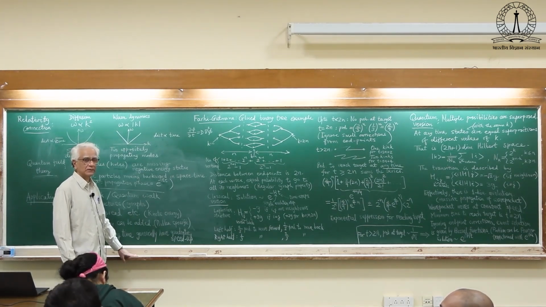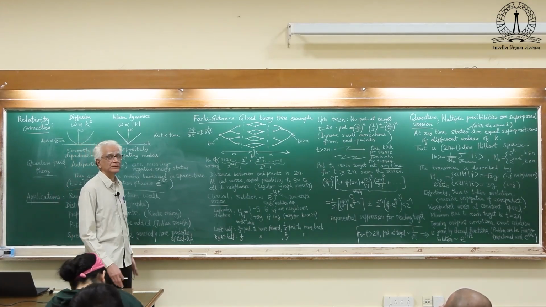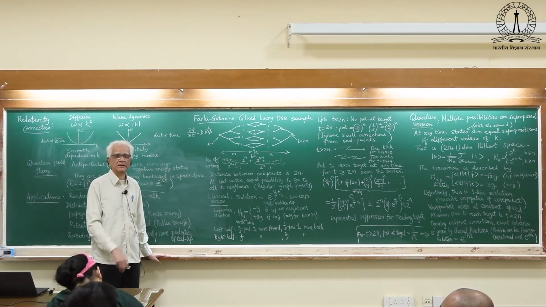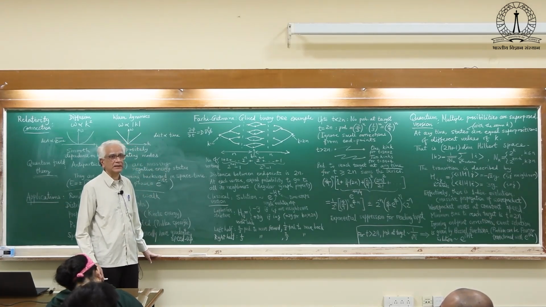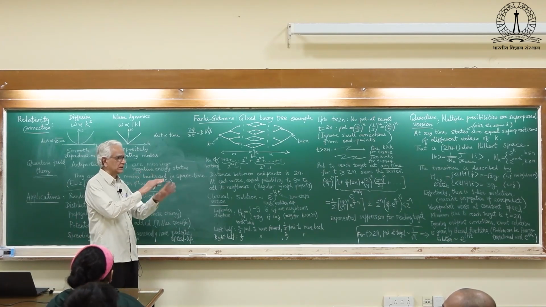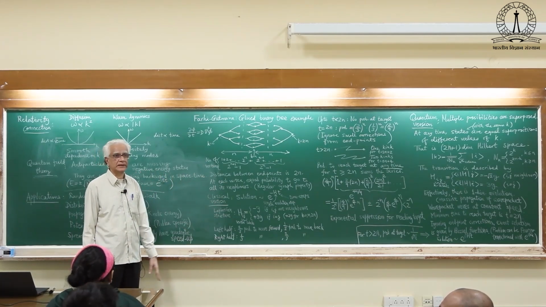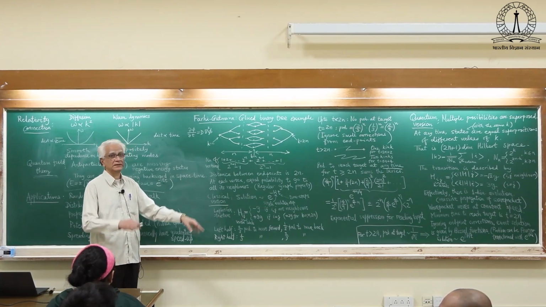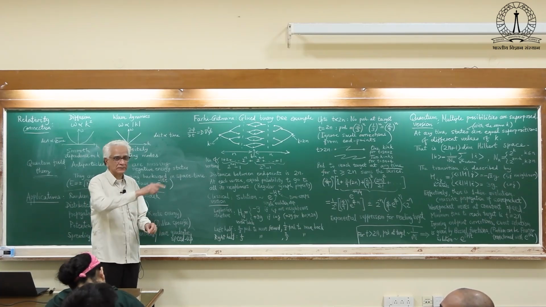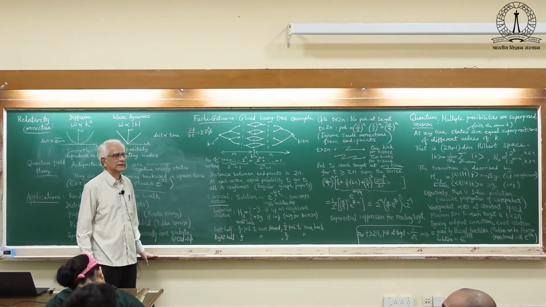I described the algorithm for Grover's solution, which was described in some abstract Hilbert space. But I can now ask the question that the space is actually a distributed database. Something is here, something is there, something is there, and I want to run around and find what I want.